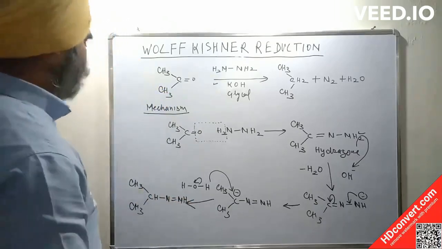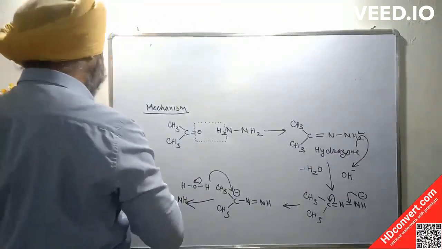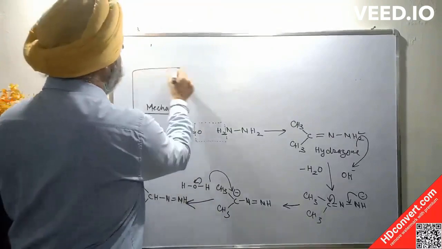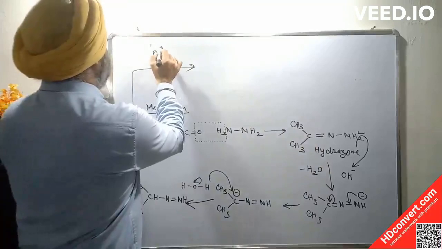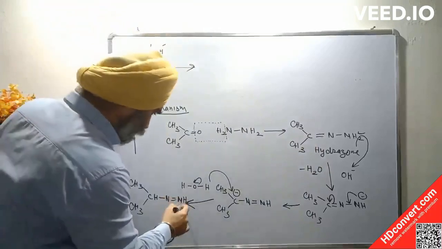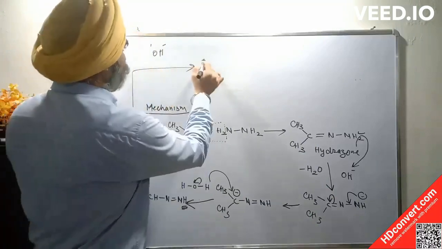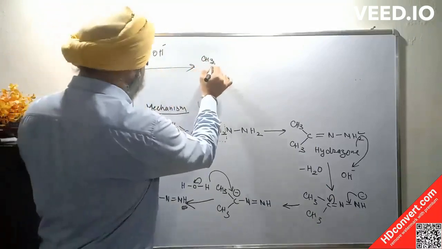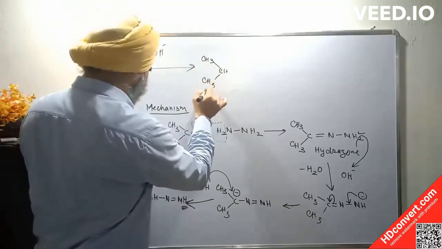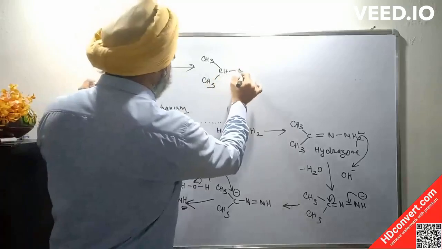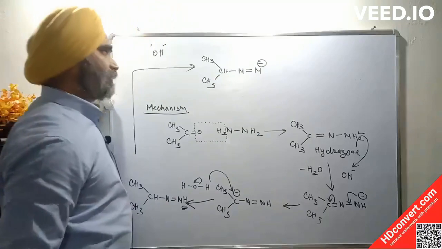Now what will happen in the next step? Again, the same process will happen which has happened there. Again an OH minus ion will attack, and it will abstract a hydrogen from this nitrogen. So we will get CH3, CH3 bond CH, CH3, and we get N double bond N, and N will get negative charge.